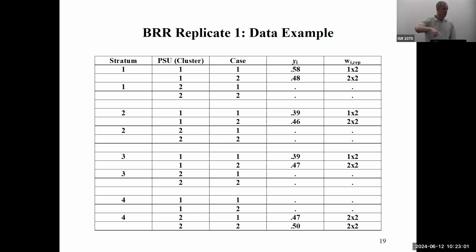So everybody gets their weight multiplied by 2 to account for the half sample that was just deleted. Okay, that's our first replicate weight according to BRR, right? And again, all those missing values would usually be set to 0 in the data set for that first half sample replicate. And we might calibrate those values for the remaining 8 cases in the data set. Okay, that forms our first BRR replicate.